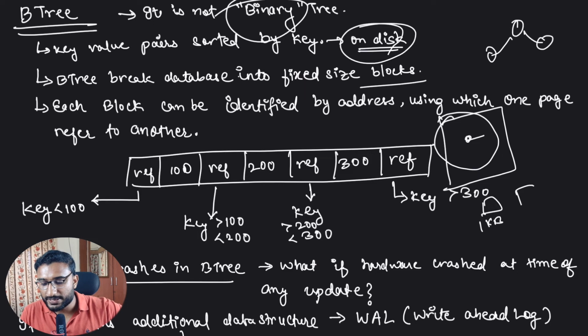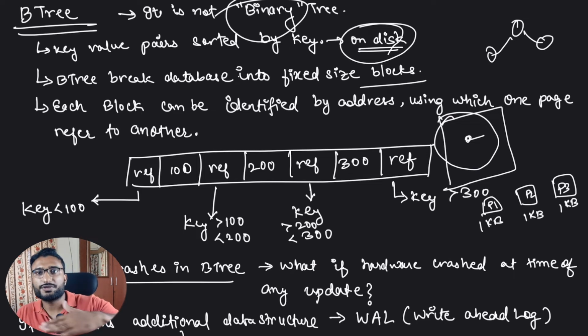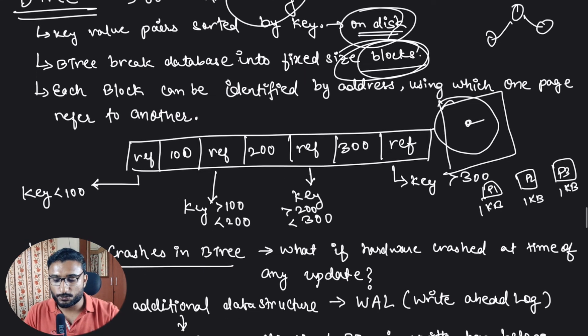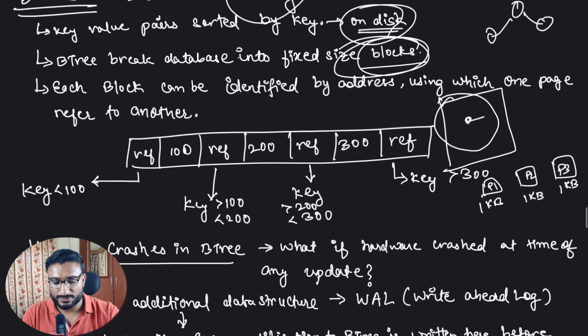This is P1, 1 KB, this is P2, 1 KB, this is P3, 1 KB. Cool. So this is how you have created multiple pages in B tree, the blocks which we referred to here, and each block can be identified by an address. So I will know at which address my block is present. समझे बात? So you are maintaining the basic reference.